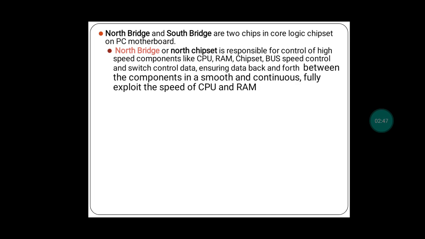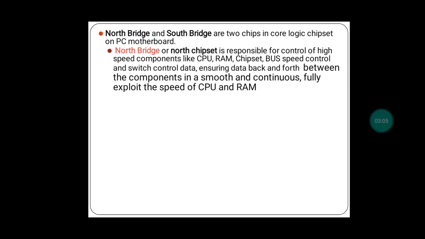Carrying in the sense you are moving data to and from here and there. So when you are moving the data, you should make use of the speed of the CPU properly. How to make use of the speed of the CPU properly and the RAM speed properly, that can be done by north bridge.